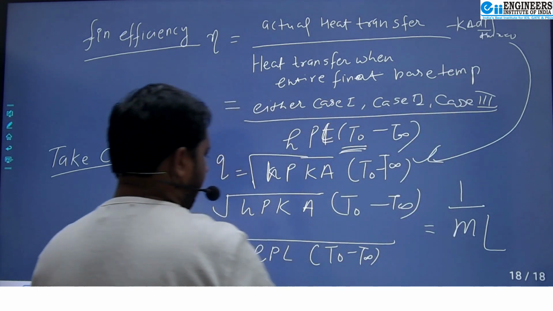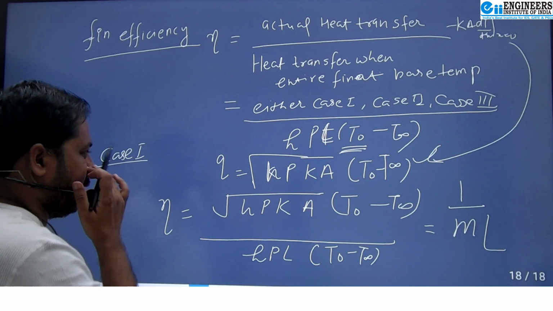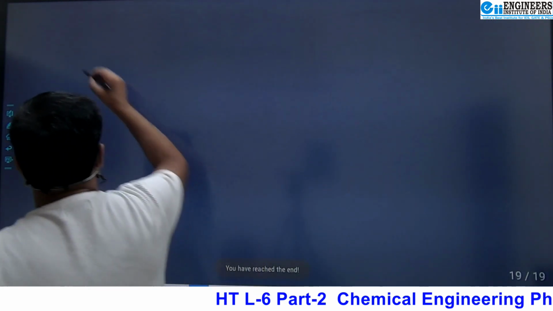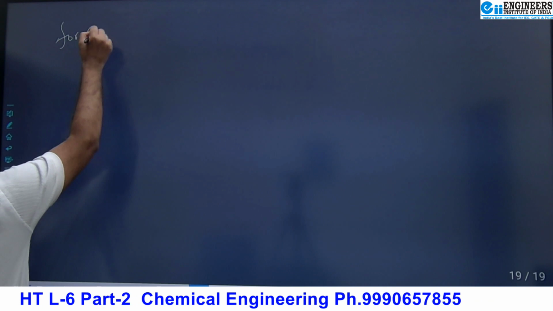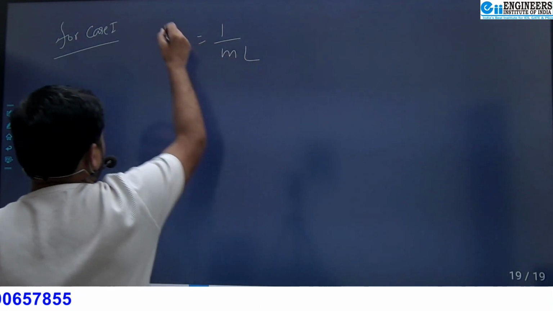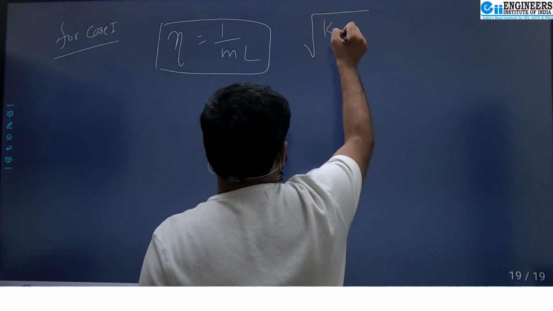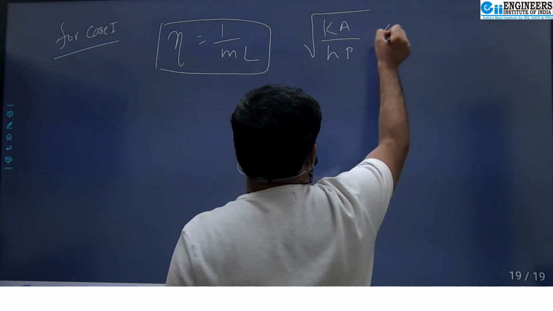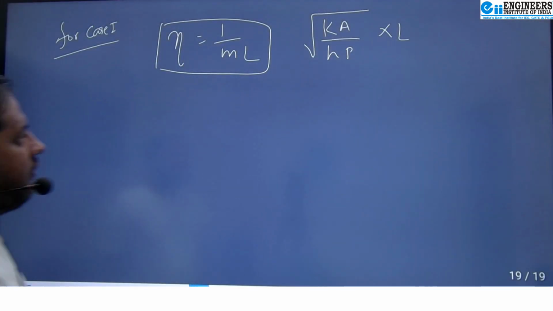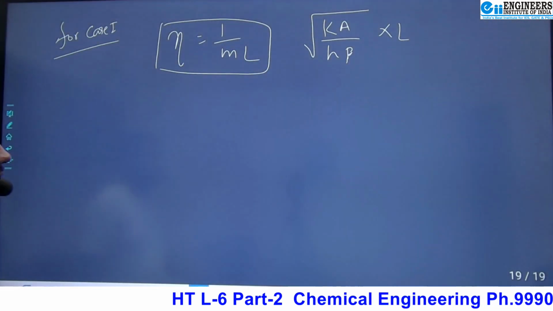It means whenever the heat is convected away, all the surfaces are at the base temperature T0. So for case 1 you can say that the efficiency is 1 upon mL, and since m is root(hP upon kA), you can write it as root(kA by hP) into 1 upon L, where P is nothing but 2z plus 2t.